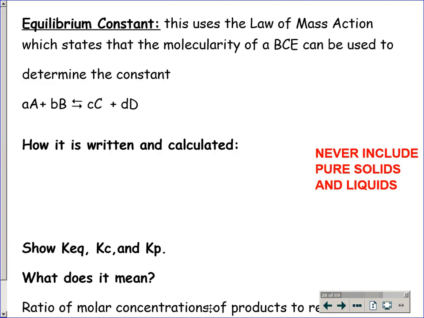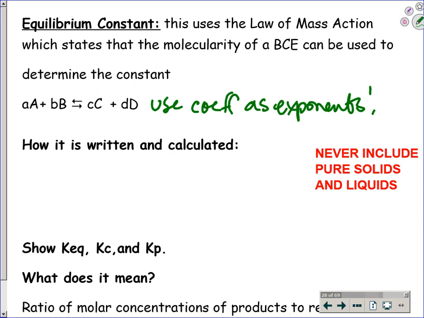Okay, so here's that faux equation that walks through just a generic setup for K. What you have to do is use the coefficients as exponents. Good. So we still are going to stack it as products over reactants, but we have to use the exponents this time. So K is equal to the concentration of, who's the first product, Riley? First product. C raised to the little c power, where that's the little c.